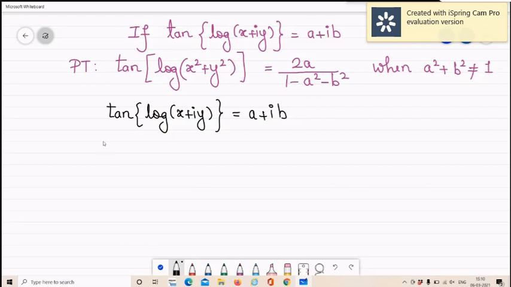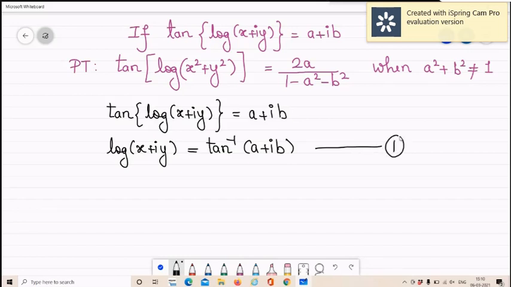So what I am doing now is writing this as log(x + iy) = tan⁻¹(a + ib). Can I write it? Yes or no? Yes, ma'am. I mark this as equation 1, and for now I am keeping this as it is.